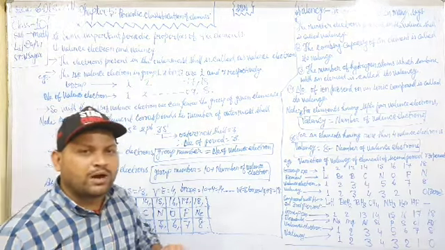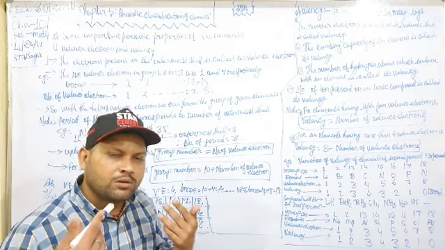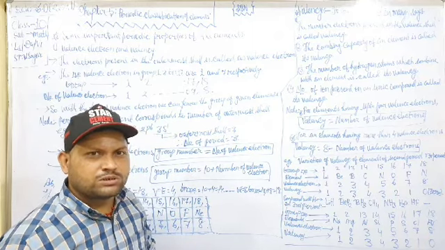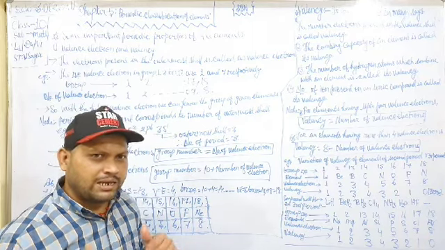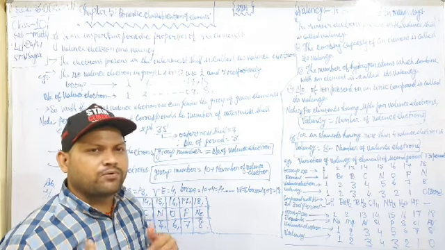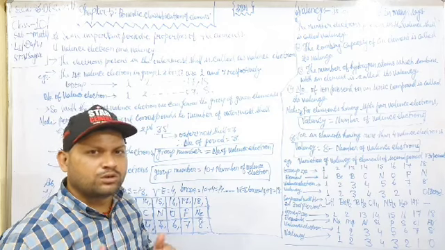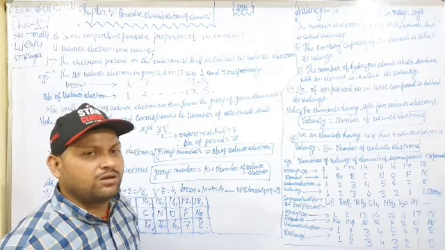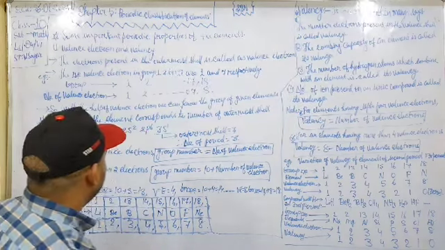But what do we have to do after 2 electrons? If an element has more than 2 valence electrons, what do we have to do?